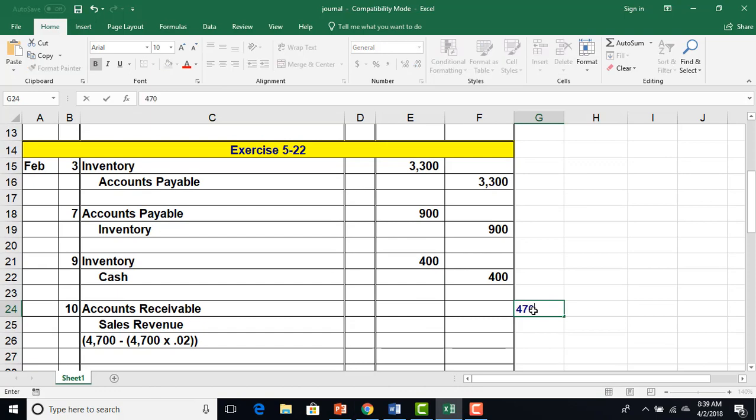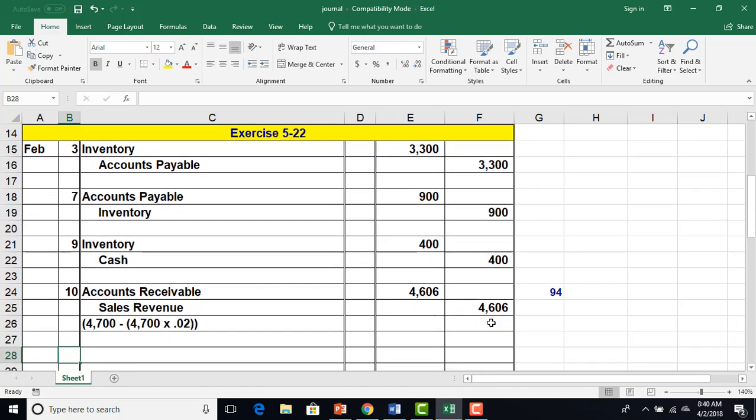All right, so let me just figure out what that 4,700 times 0.02 is. Oops, sorry, I forgot my equals. All right, that's a $94 discount. All right, so 4,700 minus that $94 discount tells me I'll record this one for $4,606 as my accounts receivable and my sales revenue.